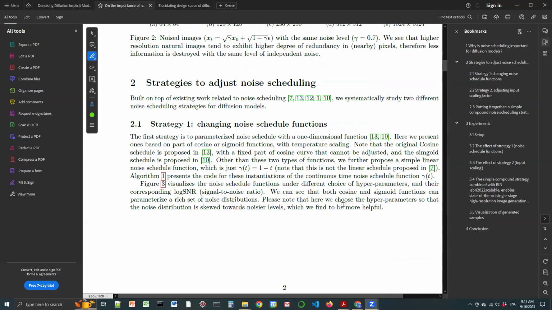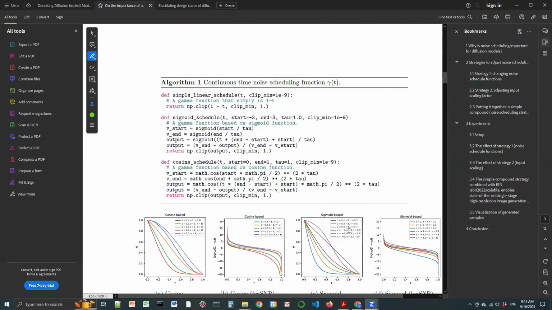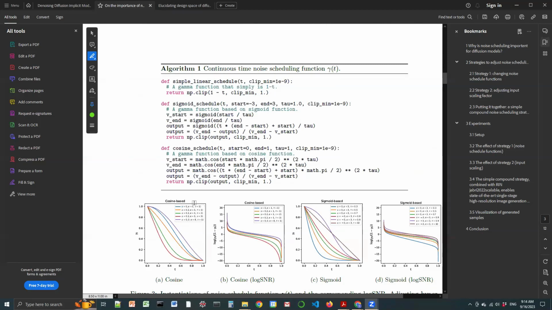The second thing is we talked about these curves. This is the cosine-based scheduling, and this is the log of the signal to noise ratio. This is sigmoid based, and then the log of the signal to noise ratio. It shows you that there are different parameter values of a cosine based schedule, and by playing with the parameters, you get differently shaped curves.